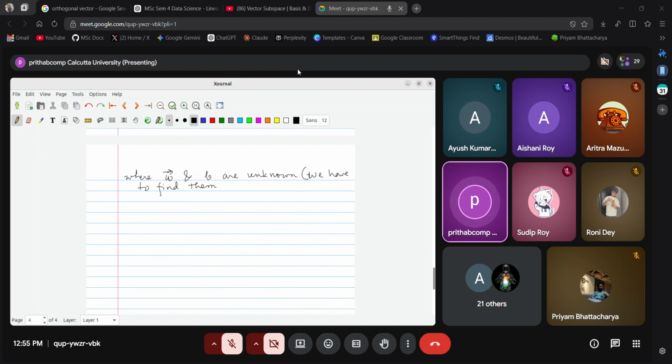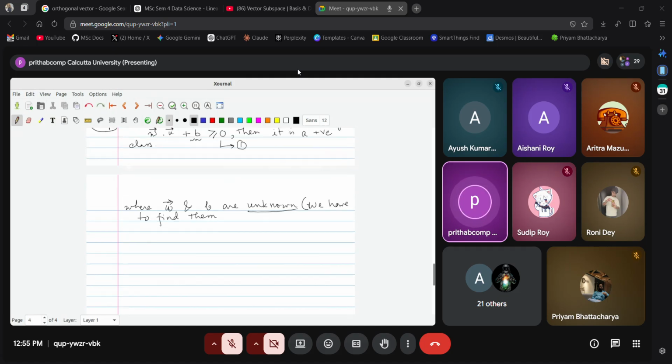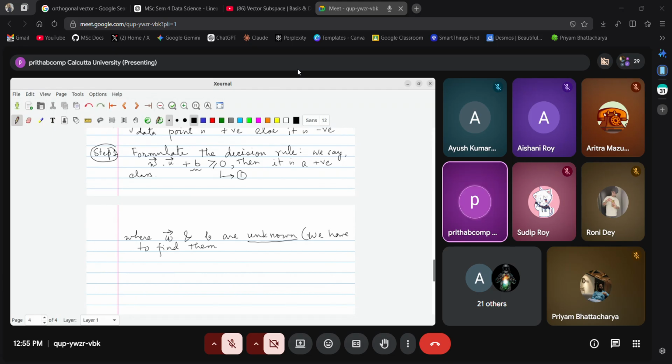b is the value that decides when I will say it is in the positive class, and w is the vector that we also need to find out. So w and b are unknown values that we need to find from the formulation. Once we find w and b, given a new point, you simply use this equation to find whether it belongs to the positive or negative class.